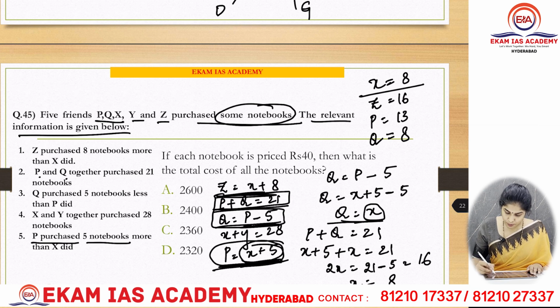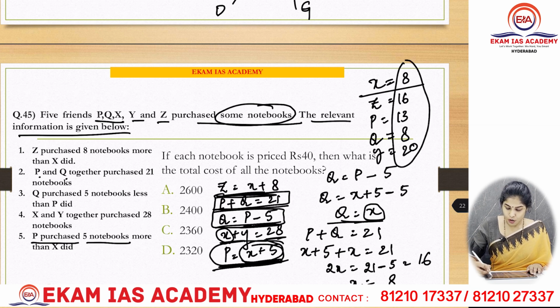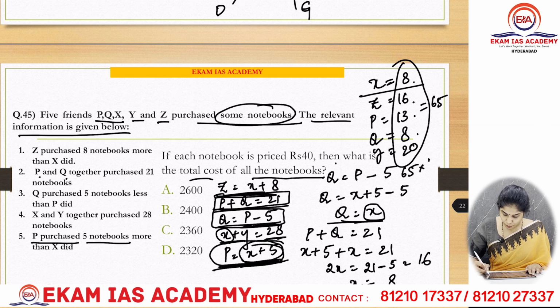Y is equal to 28 minus X. X is 8. So Y is equal to 20. If you add all of this, what he is telling is, if each notebook is priced 40, then what is the total cost of all the notebooks? 8 plus 16 plus 13 plus 8 plus 20, which is 65, and 65 into 40, which is 2600. So A is the right answer.